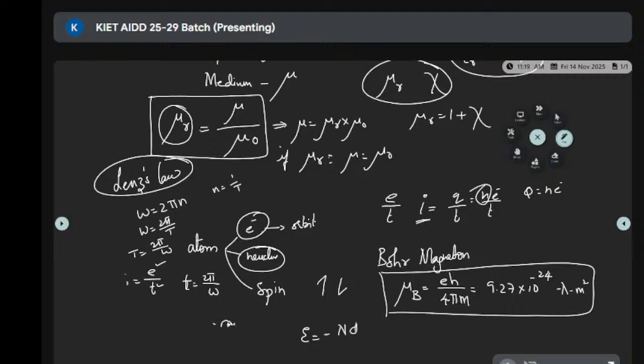Explained by whom? Lenz. What is Lenz law? Induced current will appear in such a direction that it always opposes the change which produced it. That is Lenz law. Why? Actually current is an energy. Can we create energy? No. We are transforming energy from where to where?